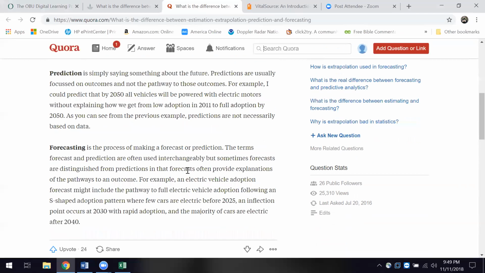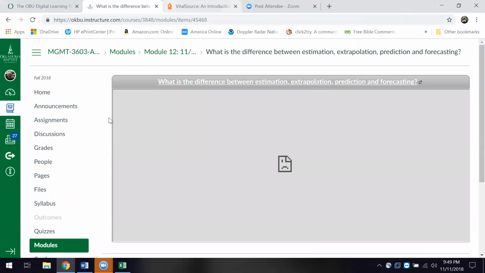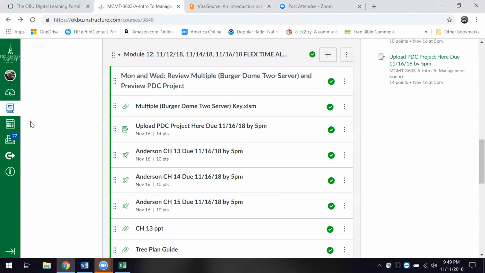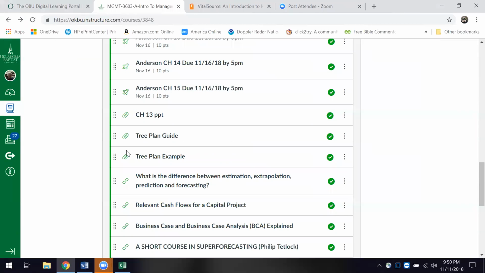And then we talk about the pathway as well as a prediction, and that's forecasting. And it's an excellent, excellent resource for you to take a look at and to really chew on. Now, and I'd ask you, the PVC project file is over there in chapter 13.